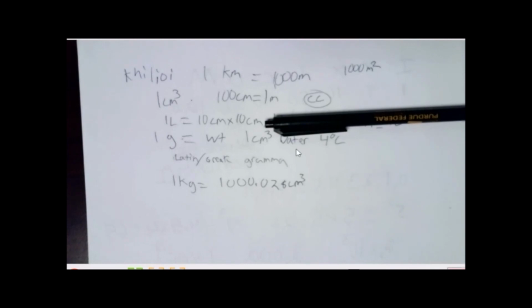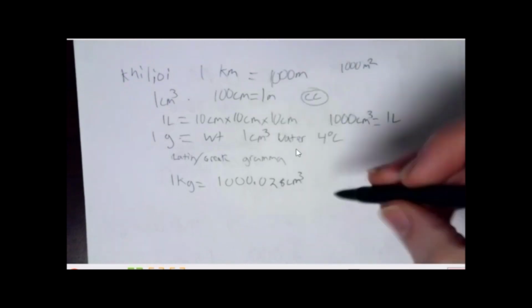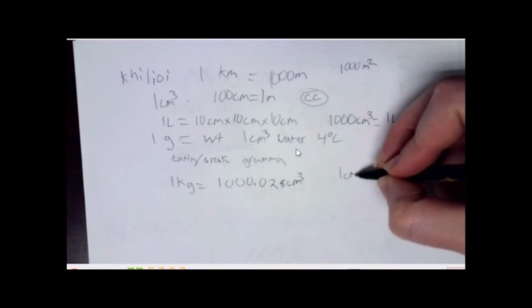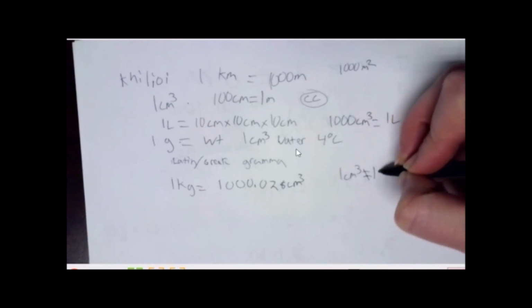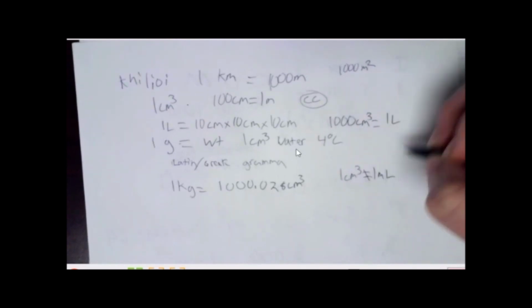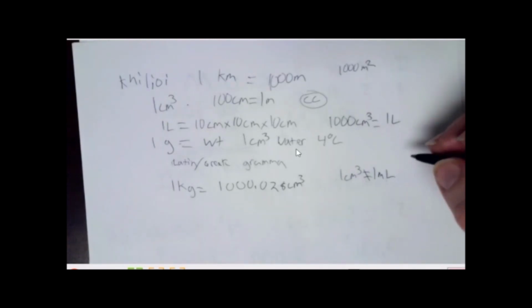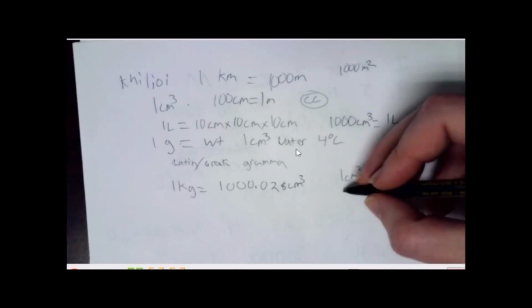So now, technically, this is not the case. 1 centimeter cubed does not equal 1 milliliter. Usually we say that these are equal, but it's not actually true. Now, is it true enough for all of our daily lives? Yes, it's true enough.